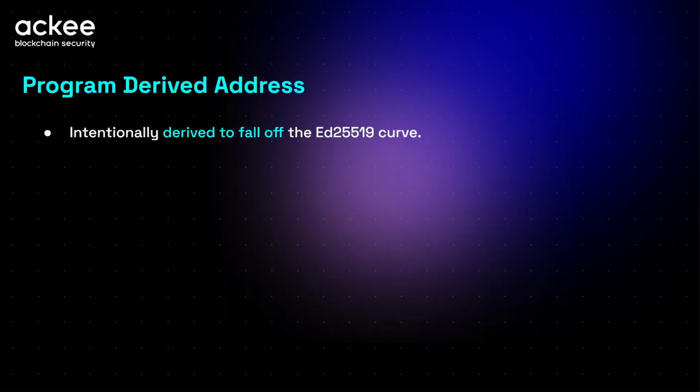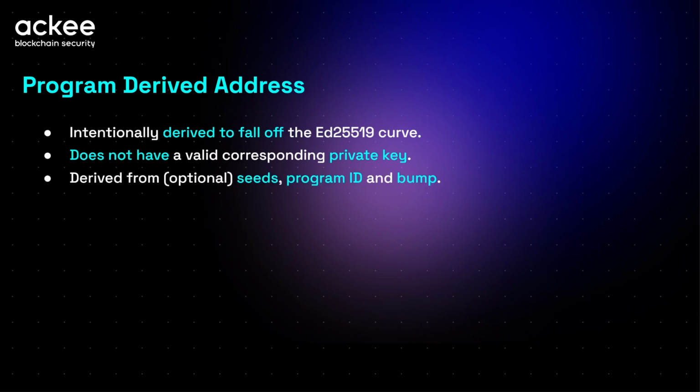On the other hand, the program-derived address is intentionally derived in such a way that the address falls off the elliptic curve. That means it does not have a corresponding private key. This is just the cryptography behind it. And what is the derivation process?